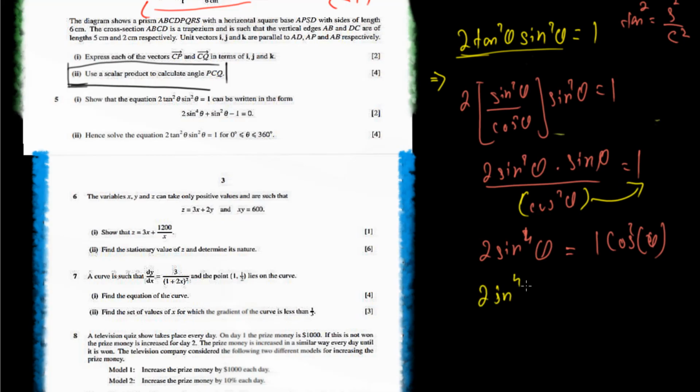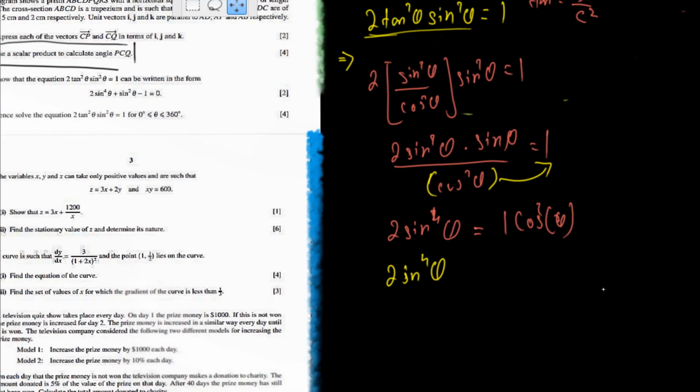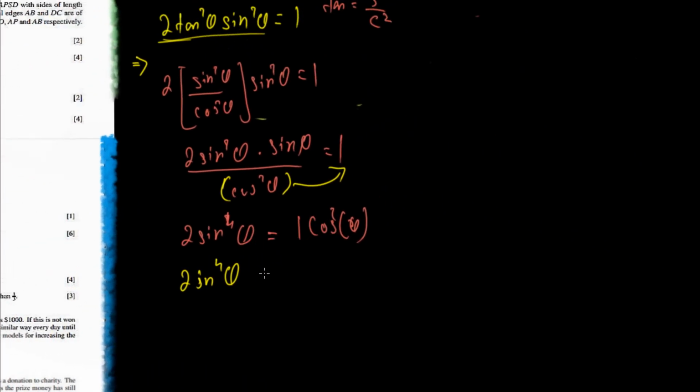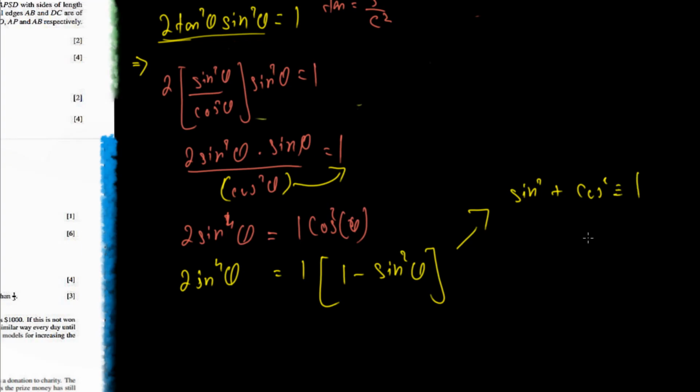2 sine 4 theta is equal to 1 minus sine square theta. I'm using the identity sine square plus cos square is equal to 1. Therefore, cos square is going to be 1 minus sine square, which is right over here.